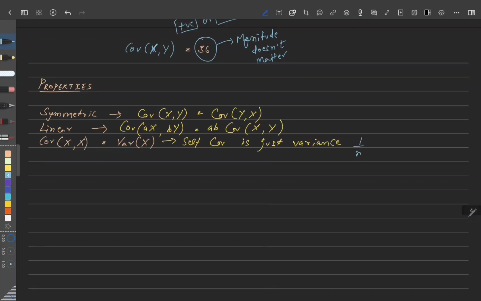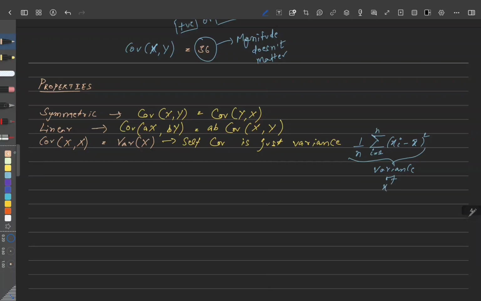If you put it in the formula, sum over i equal to 1 to n, you would do xi minus x bar and then xi minus x bar, because the other variable is also x. So you would simply end up getting this squared, and this is nothing but the variance of x.